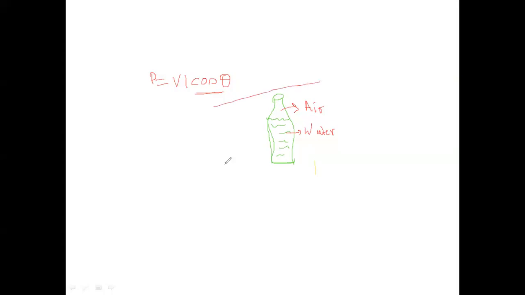So if the total bottle is our total power, then only this amount is filled with water, and this amount is filled with air. Just like a Lay's packet, where there are potato chips, and the other area is filled with nitrogen gas or some other gases. So this is the concept of power.